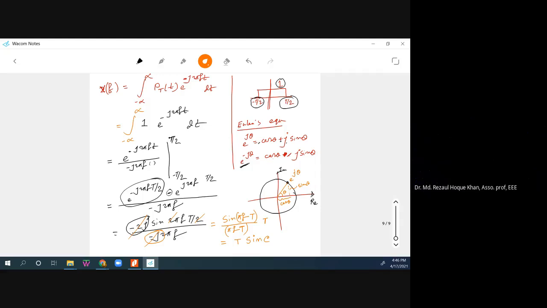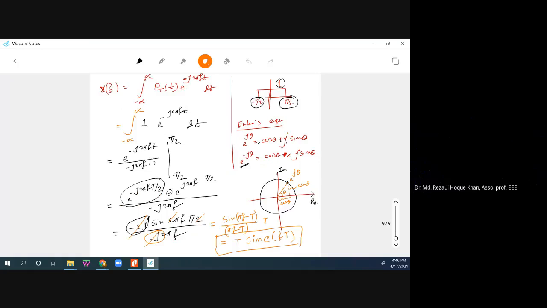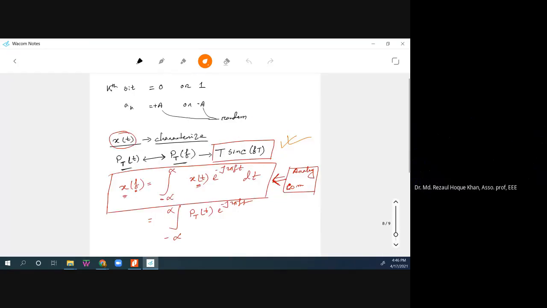Right? This is how we actually got this formula. I have just shown you the solution, how we can have the sinc function.